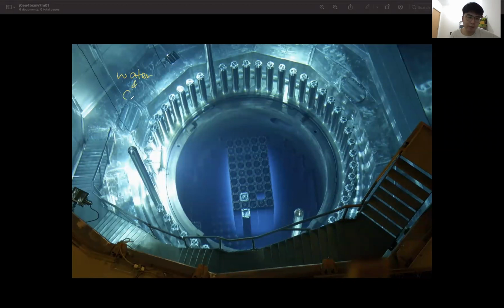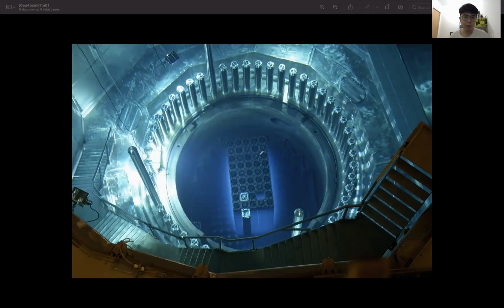Water and graphite can slow down the neutron. So often they submerge the rod underwater, very deep inside here. So this is basically the core of the reactor.